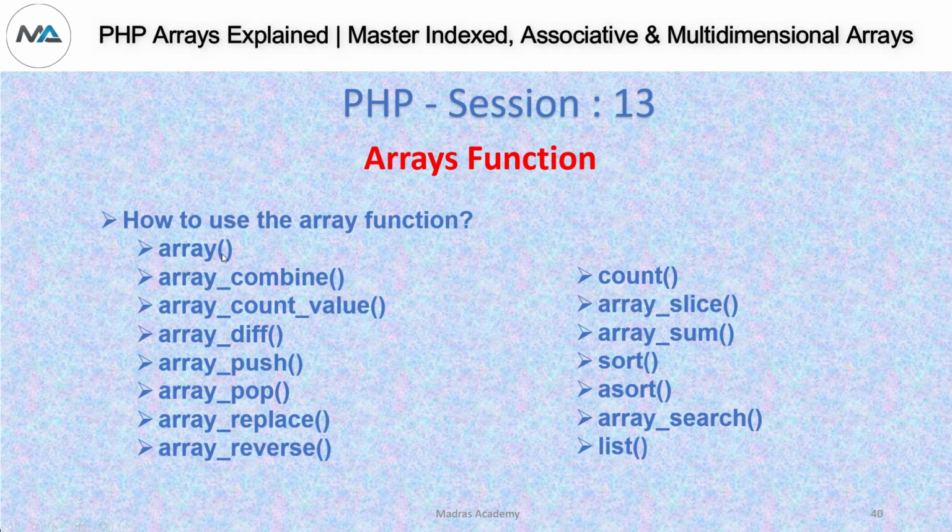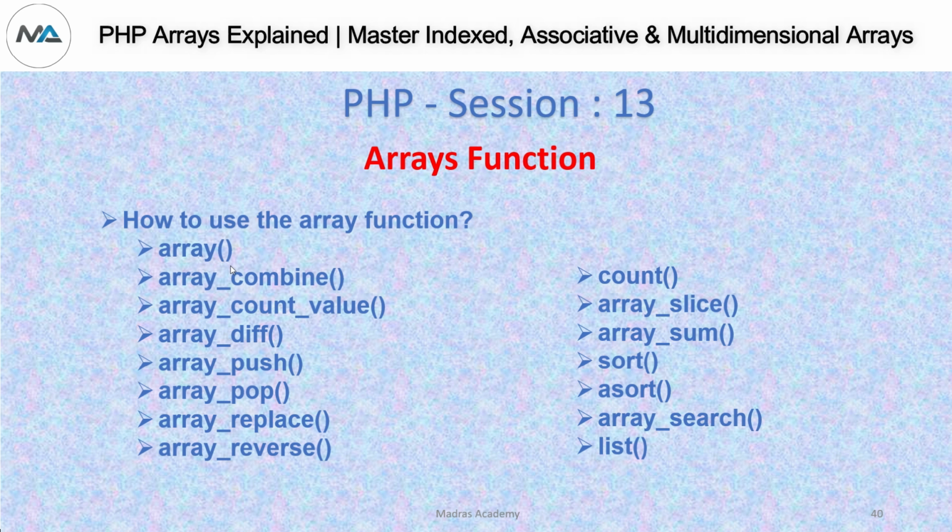Using this only we created an array, and here we are having some functions. Okay, combine, count value, diff. So here I gave 15 functions. For this I will write the code, but instead of that we are having lots of functions. Okay, I just gave an example for 15 functions. How to handle these functions, we will see that.